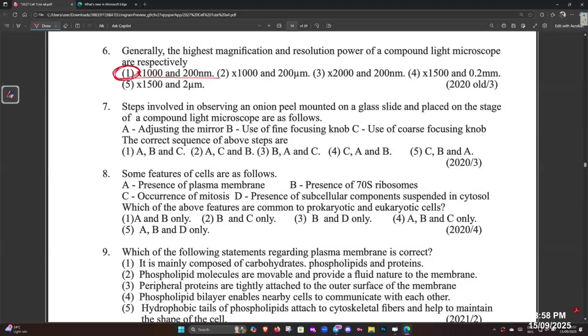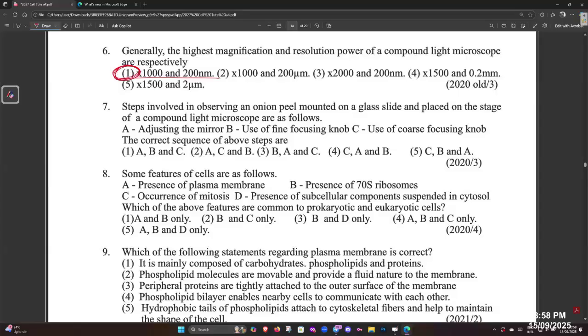Question number 7. Steps involved in observing an onion epidermal peel mounted on a glass slide and placed on the stage of the compound light microscope are as follows. Observing an onion peel, what is the procedure?